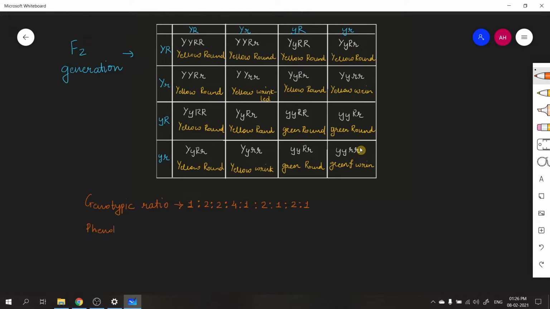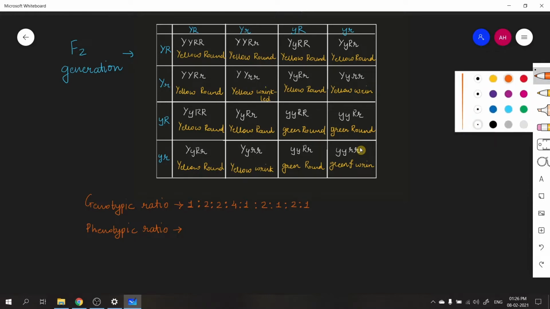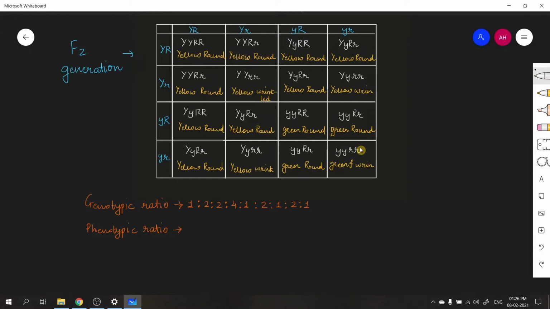And next is to write down the phenotypic ratio. That is the ratio of the phenotypes. So here we can see there are 4 possible phenotypes. I'm going to just quickly make a note of 4 different phenotypes that we can see here. Yellow and round is one phenotype that we can see. The other one is yellow and wrinkled. Third type we can see is green and round.